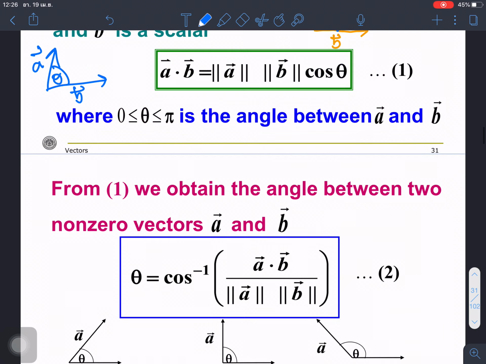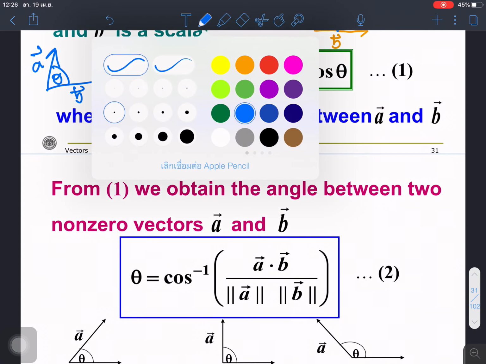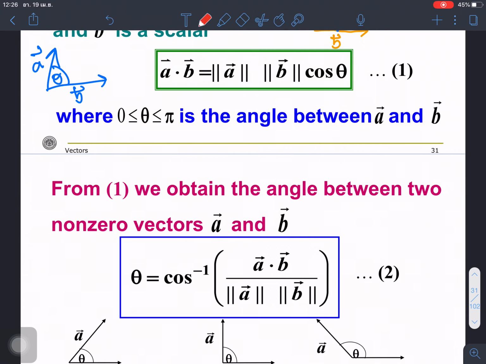Well, we use the definition of the dot product. Let me derive it for you. You have A dot B is equal to the length of A times the length of B times cosine theta.